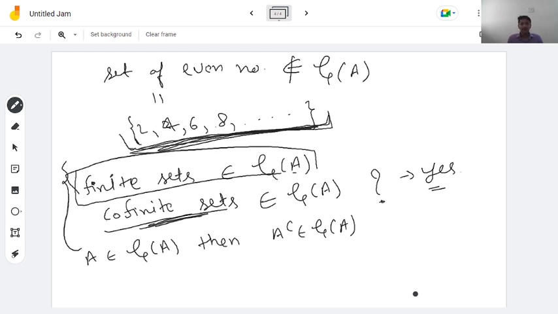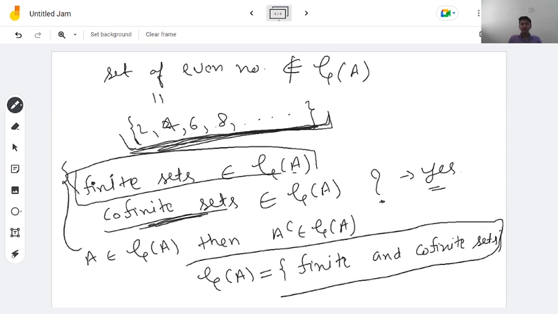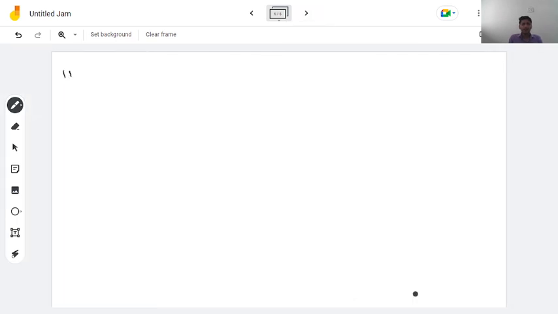That implies that C of A just contains finite and cofinite sets. Okay, so that was the answer for the algebra generated by C. Now let's see the second part, that is the sigma algebra generated by C.